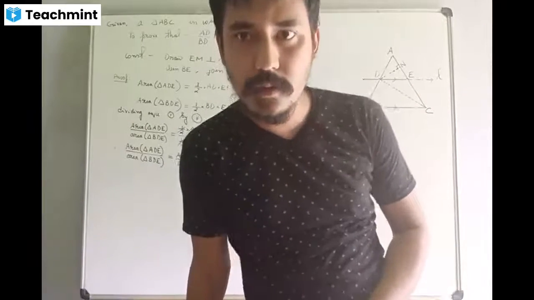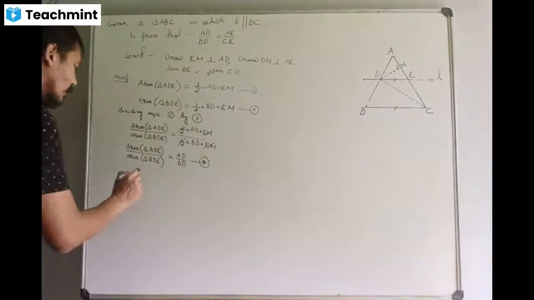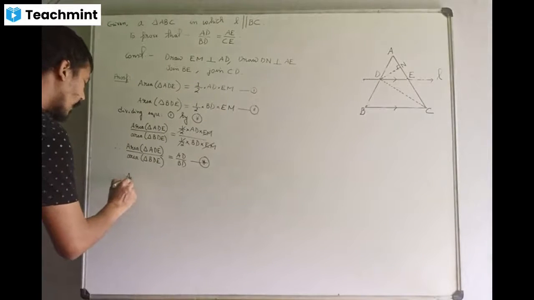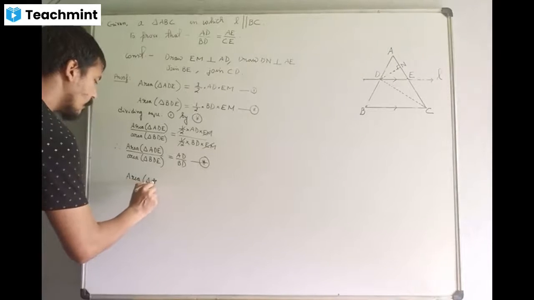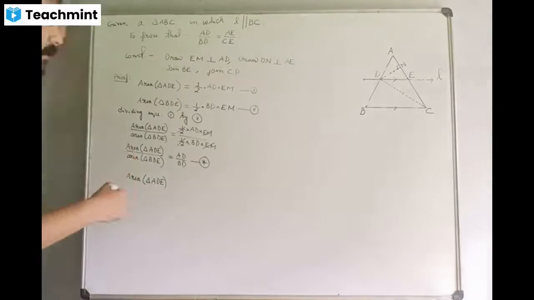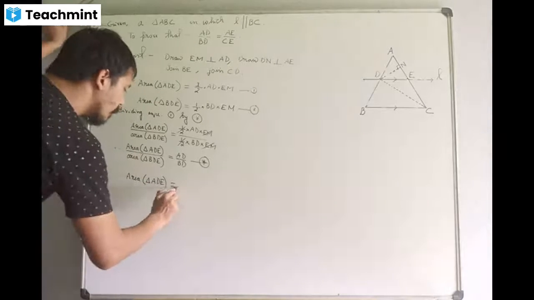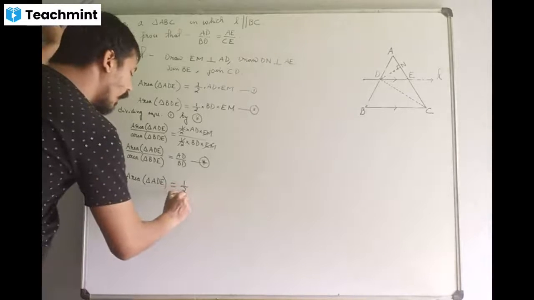Is it all right? So in the next part, I'm going to find out the area of triangle ADE again. It is given by the formula half base into height.